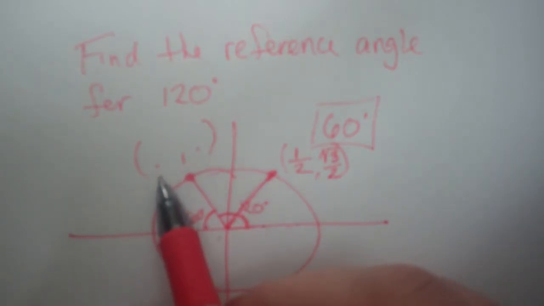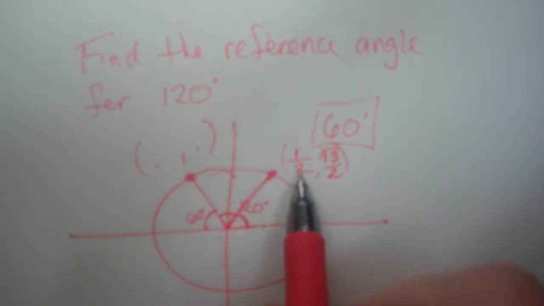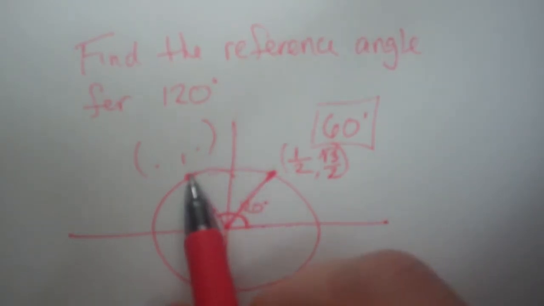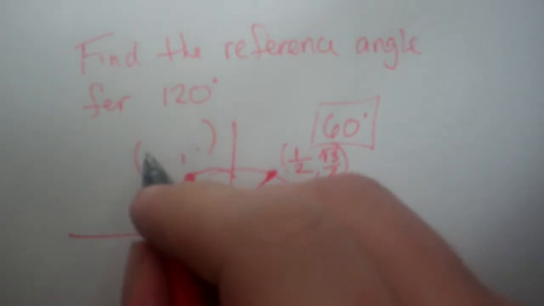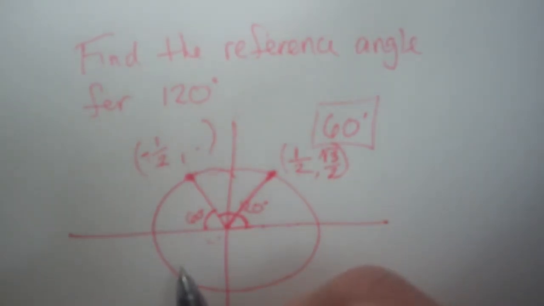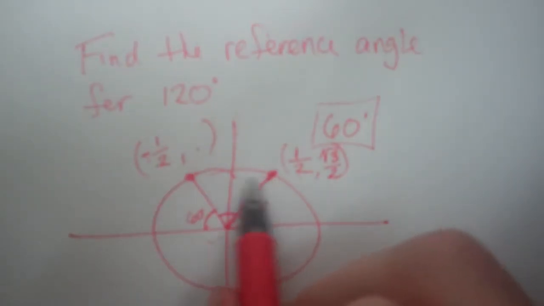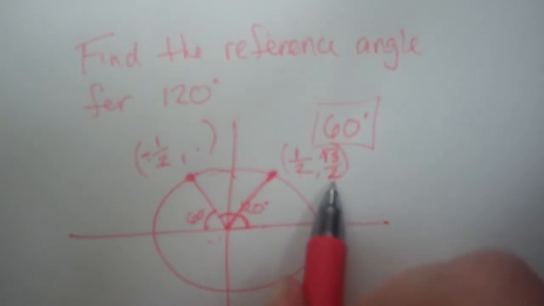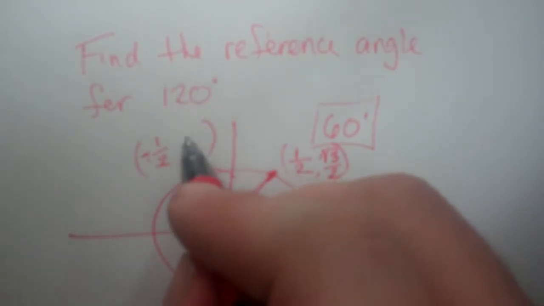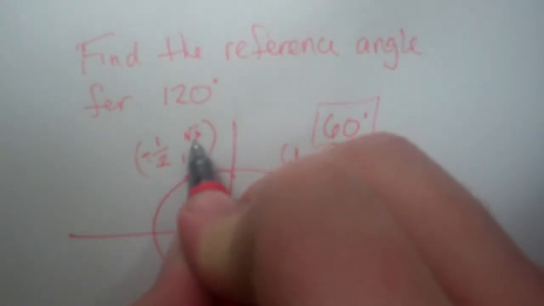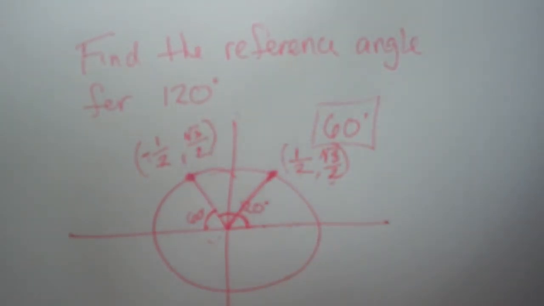Since here the x-coordinate is 1/2, and this is a reflection, now that we're on the negative side, the cosine of 120 must be a negative 1/2. This reflection is across the y-axis, so the y values are not changing, which means that the sine of 120 is also radical 3 over 2.